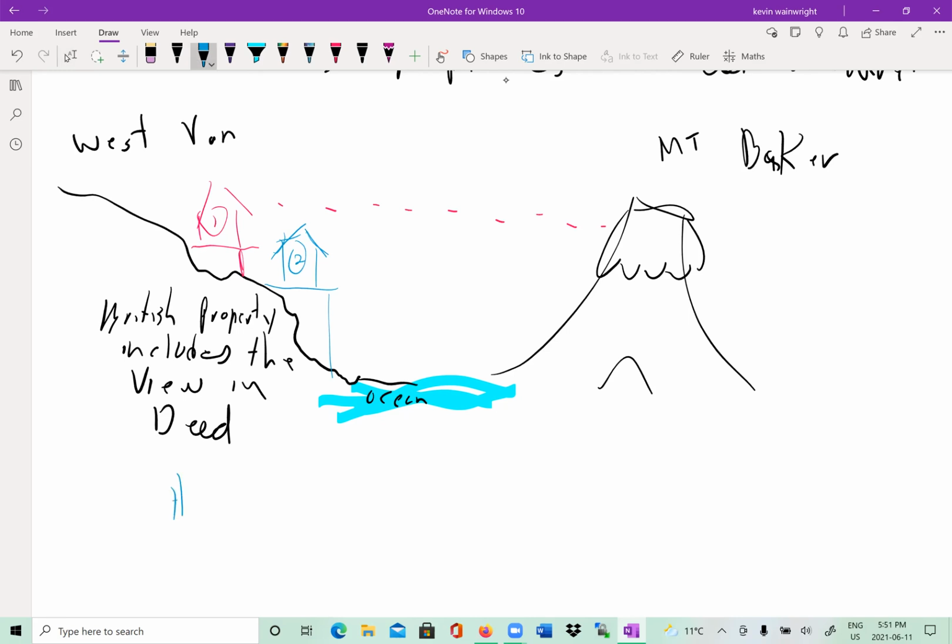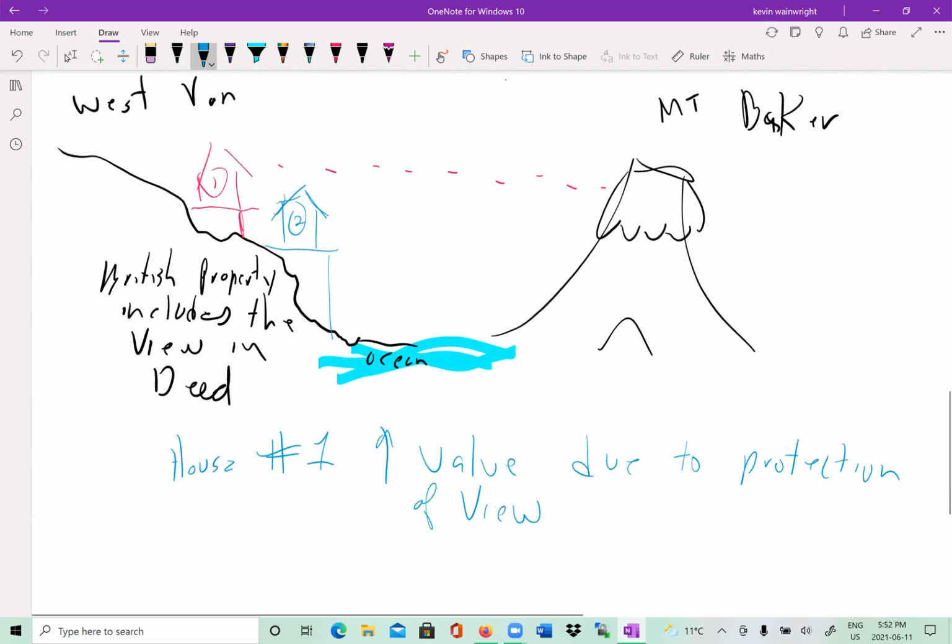So house number 1 increases in value due to protection of the view. So we can say, how much is a view worth?